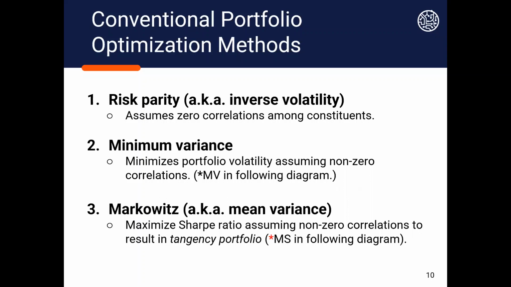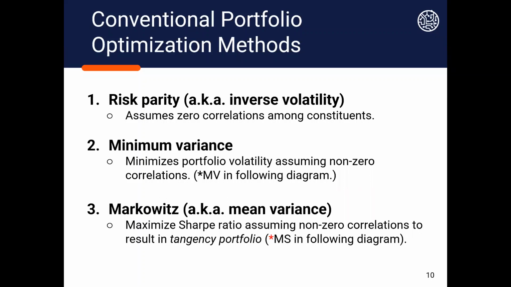Now, if you take it to the next step, you are going to incorporate covariances of returns. That will take us to the Markowitz method. You are dealing with a minimum variance portfolio where you are minimizing the portfolio volatility, assuming non-zero correlation.